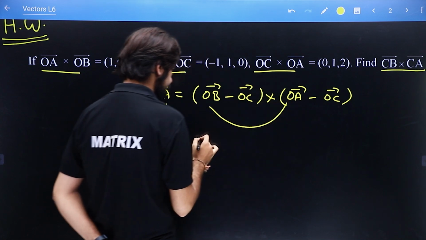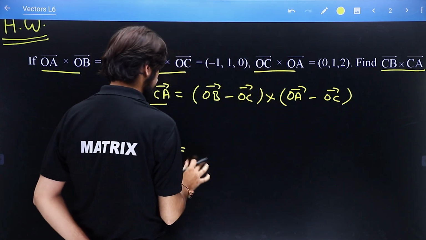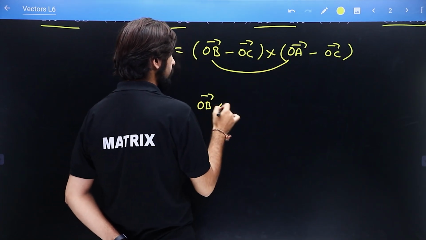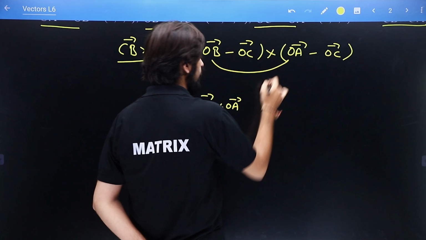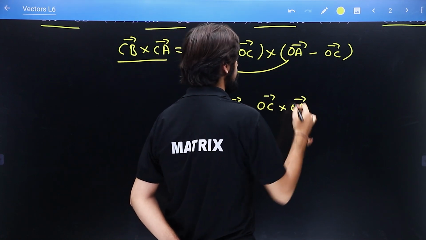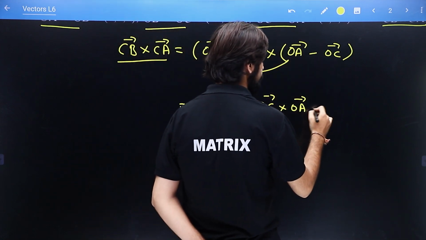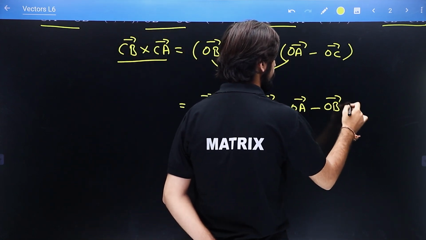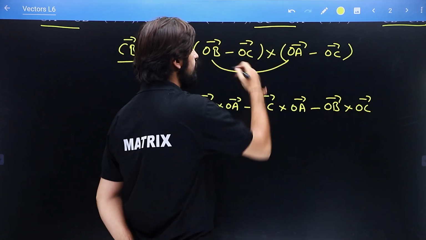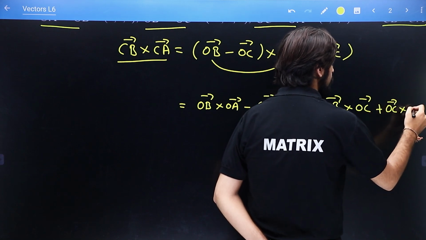So OB cross OA, minus OC cross OA, then OB cross OC, and in the end you will write minus OC cross minus OC, that will be plus OC cross OC.